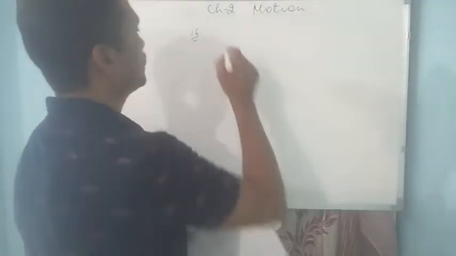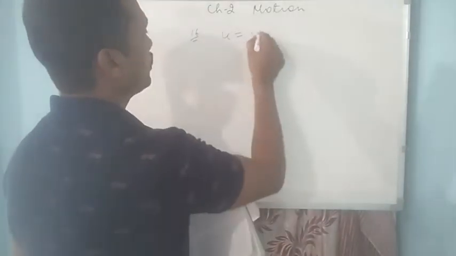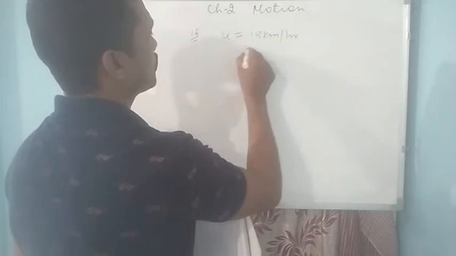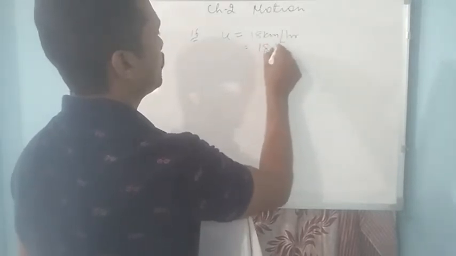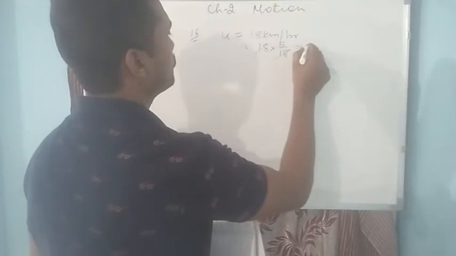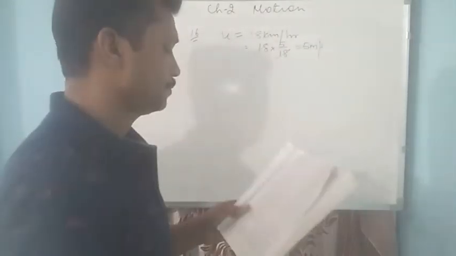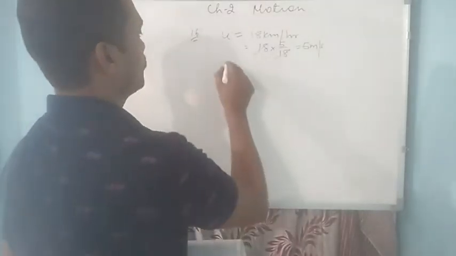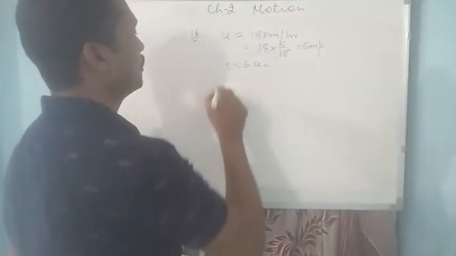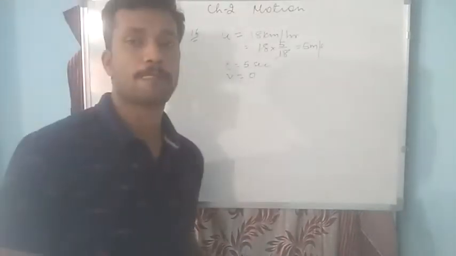So we can consider initial velocity equal to 18 km per hour. So first convert this kilometer per hour into meter per second. We have to multiply by 5 by 18. Time taken to stop the body is 5 seconds. So when the body stops, final velocity becomes 0.